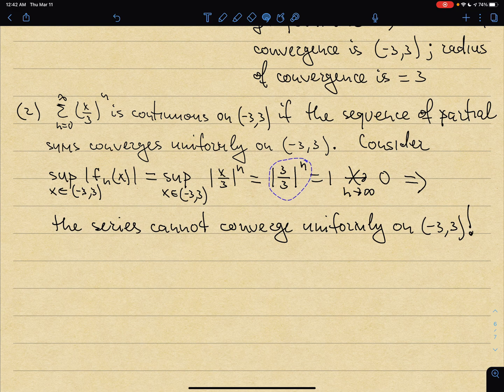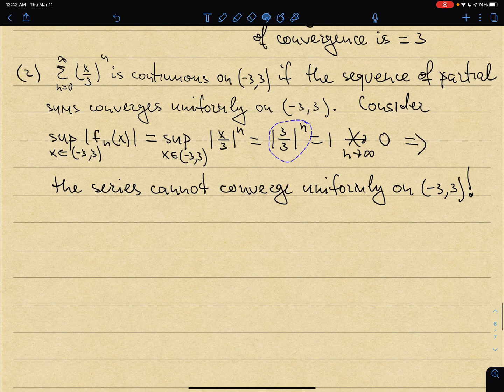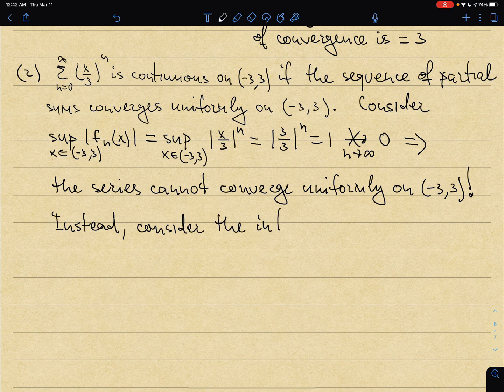But what if I test a different interval? So instead, let's consider the interval maybe minus a to a, where a is less than 3. A is a positive number, but it's less than 3.